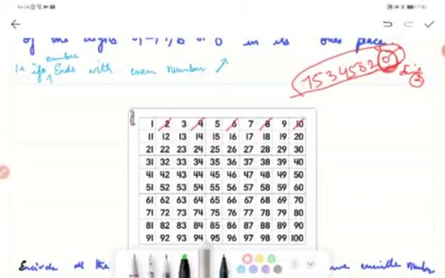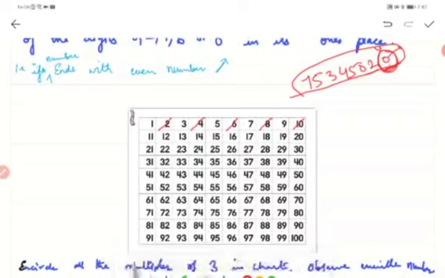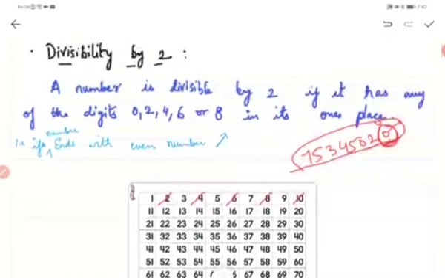What was the test rule for divisibility by 3? For 2, if the number ends with an even number, that is at the ones place, you say it is divisible by 2.